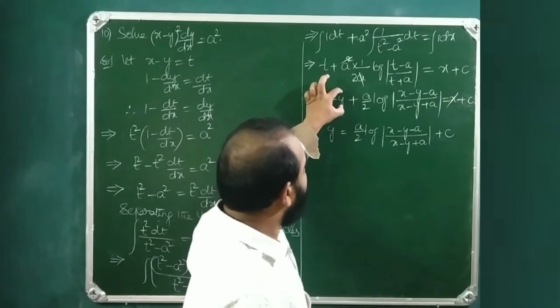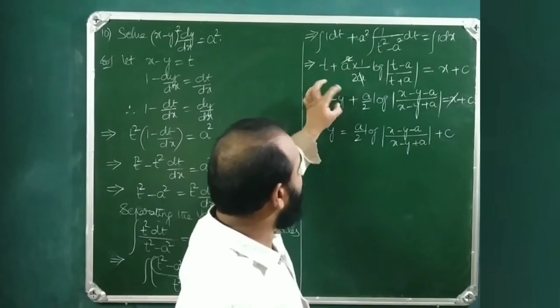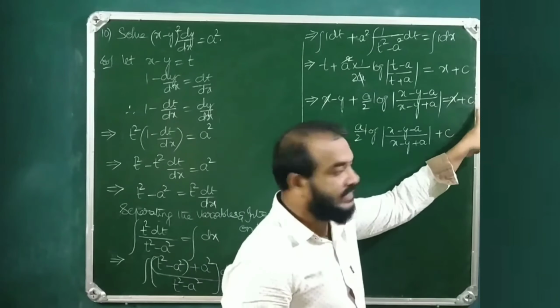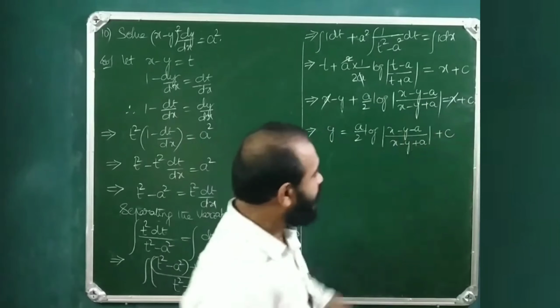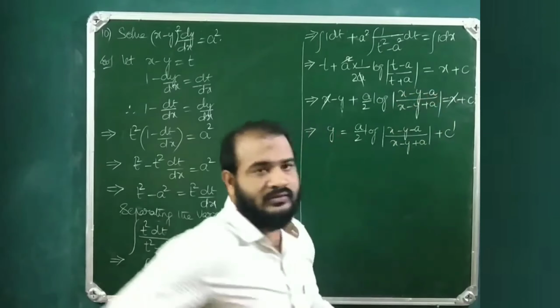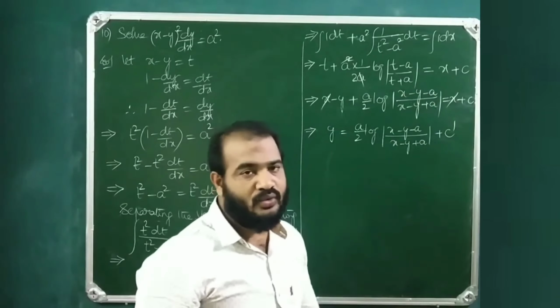I have brought this minus y onto the other side. This plus c, if I bring it here, minus c can also be written as c dash. That is the required solution.